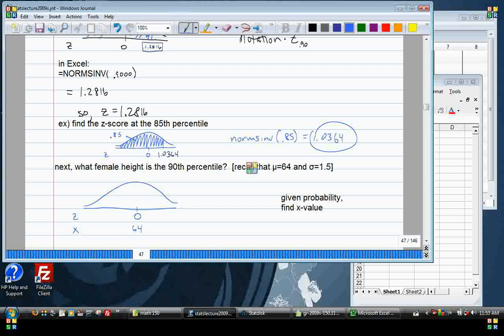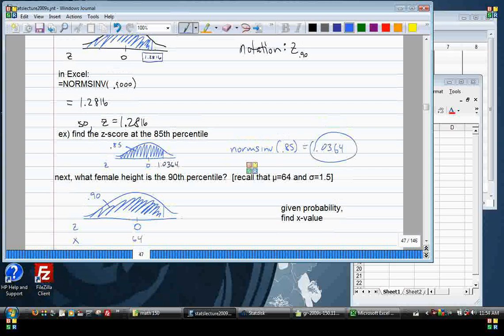Yes. Exactly. This shaded area is 0.90. And so what do we need to find now? Yeah. We need to find the height. So what's the next thing that we need to find? Yeah. Find the z-score. And what's the z-score?